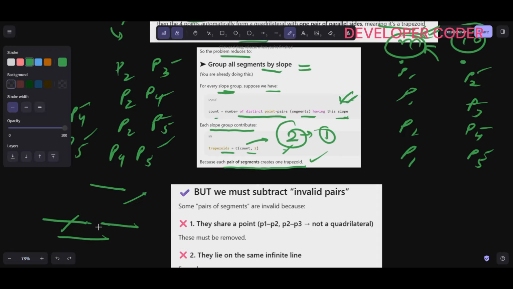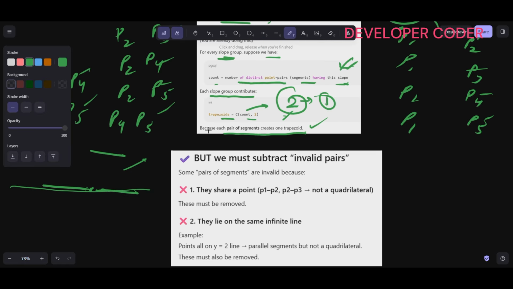But here I'm diagrammatically showing you the same line, so it will not be considered. We will discuss all these things, but I hope you are clear with this. Here I'm discussing that some pairs of segments are invalid because they share a point, P1 P2 and P2 P3, so they will not form a quadrilateral, right? So we have to remove all this stuff.